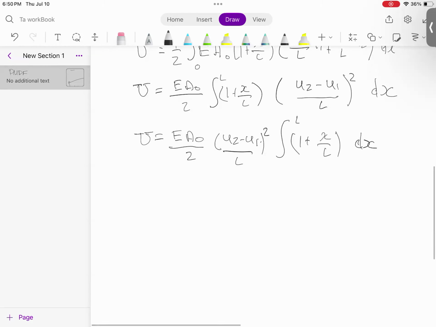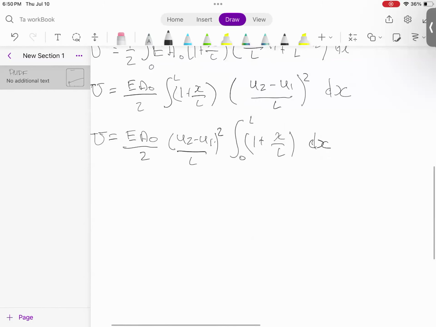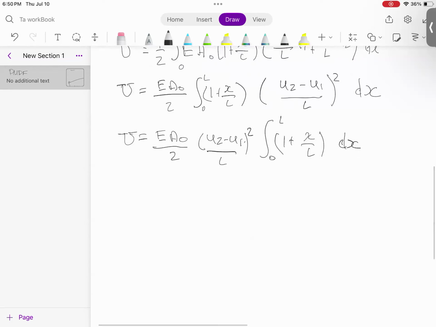Now we want to evaluate the terms. From 0 to L, my mistake, we get x plus x squared over 2L evaluated from 0 to L. And what this leaves us with is 3L over 2.